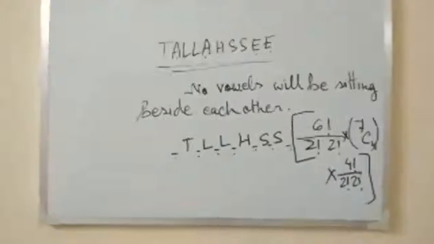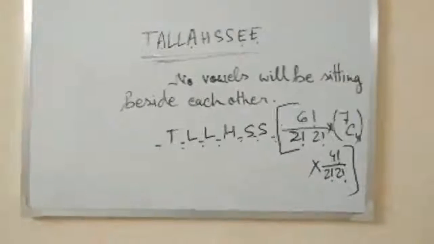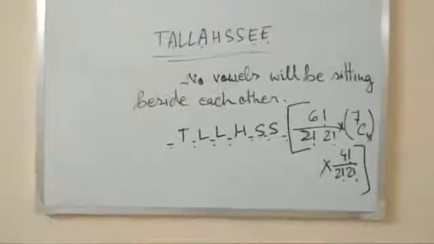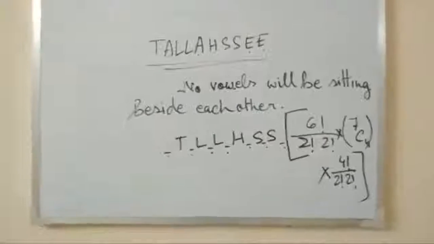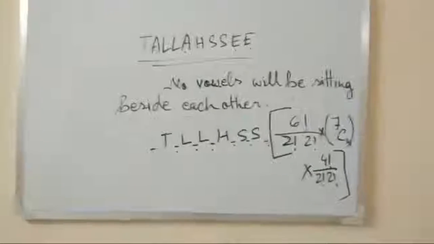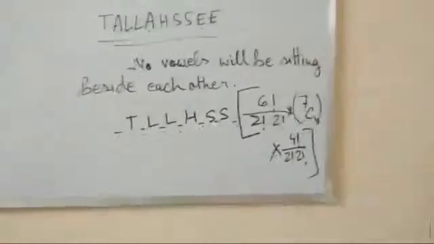So 4 places are available for the vowels, and each vowel is repeating twice. So there are 4 vowels altogether, A, A, E, E. So 4 factorial ways for the arrangement, and as they are repeating, internal permutation will not be counted.